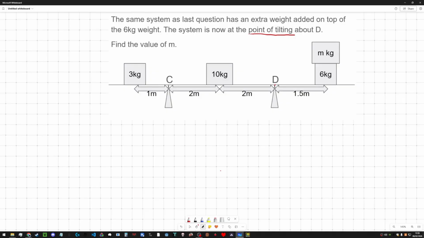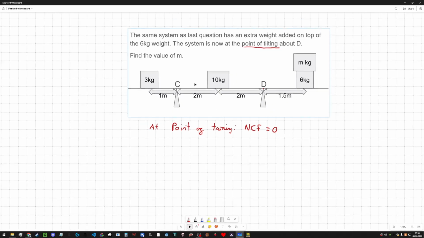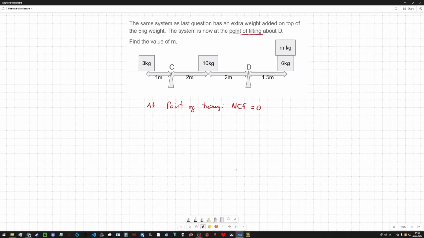So what we do, at the point of turning, the normal contact force is always 0. So in this case, when we have our C force, C is going to equal 0 when we take pivots around D. We can then use that fact and construct another resultant moment equation.